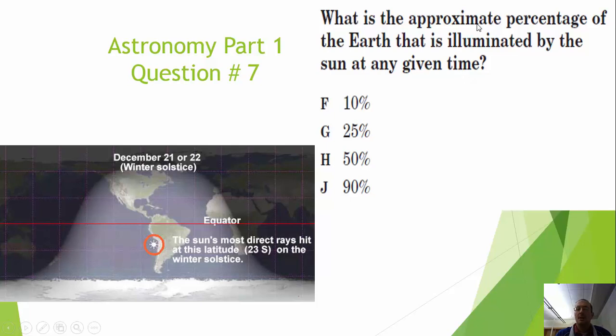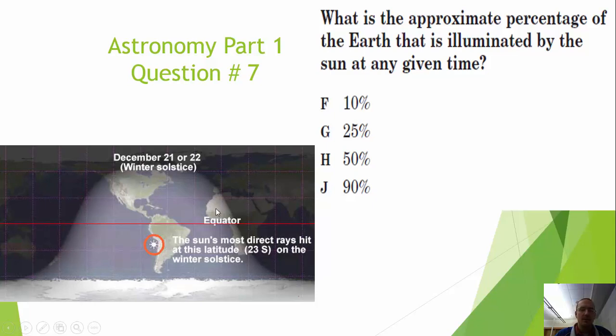What is the approximate percentage of the Earth that is illuminated by the sun at any given time? This is a relatively easy question if we think logically about what it is asking. For instance, a couple of these are really bad answers. There's no chance that 90% of an object can be totally or almost totally lit up regardless of where the sun's rays are hitting.